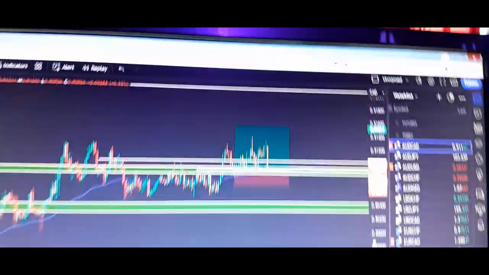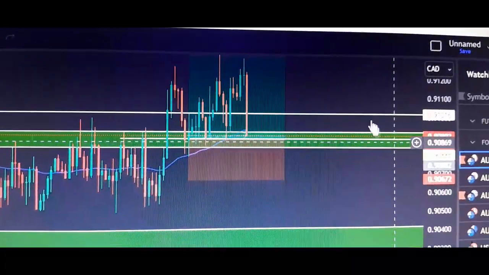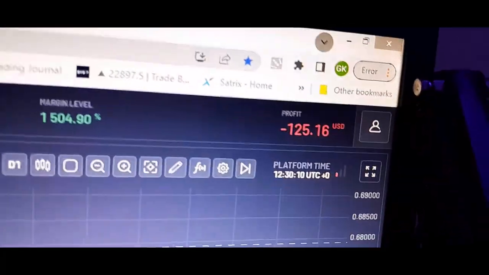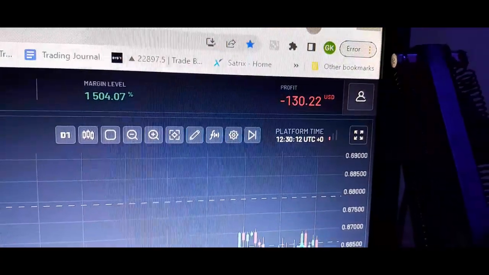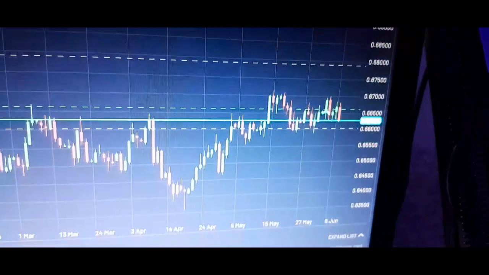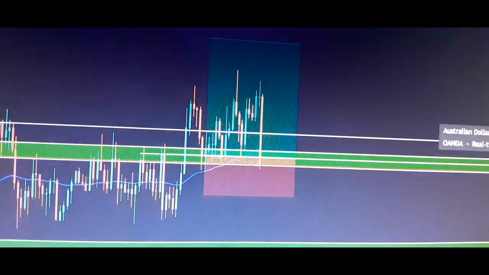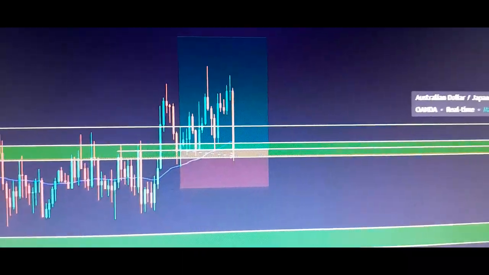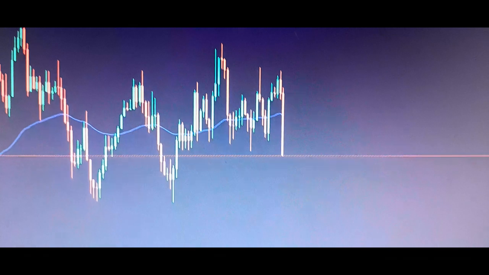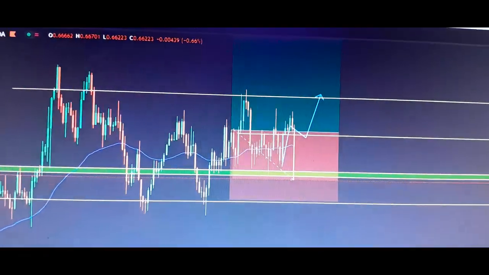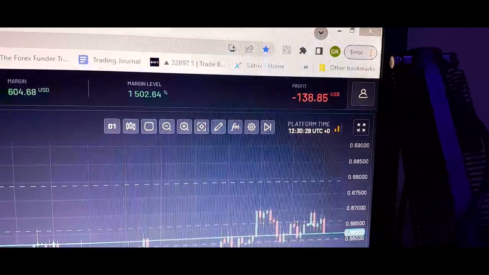Oh shit, look at that. You can see the account is currently now at... oh shit. Look at here, guys. Look at this thing. This runs straight. Oh shit. Look at Aussie CAD, guys. Look here, guys.